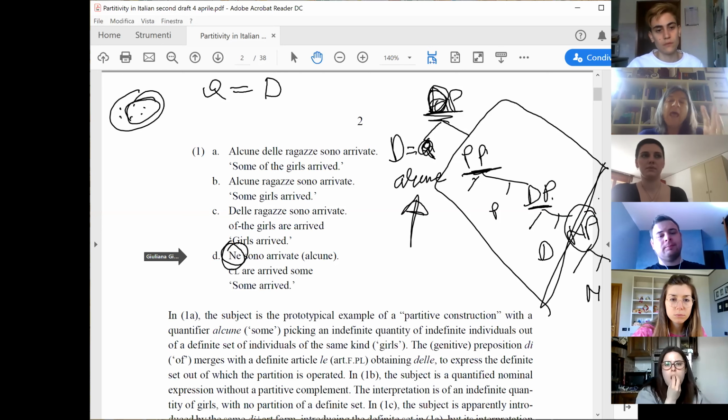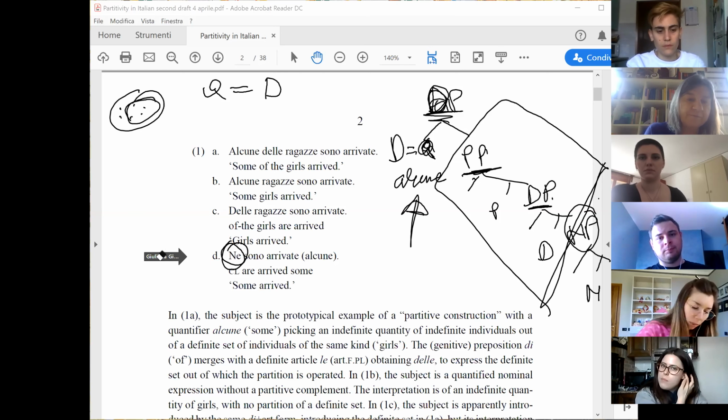So all languages are quantifiers. All languages can express partitivity, so this part-whole relation, the one relation that we have shown here in this set and subset.